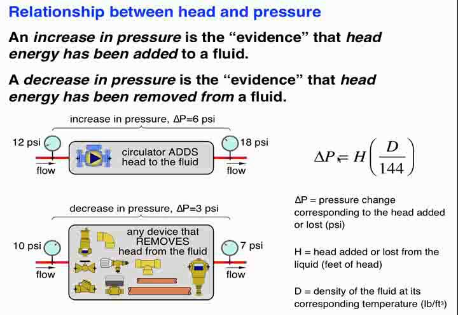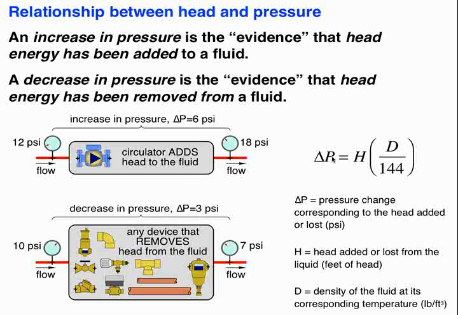To get the relationship between the change in pressure and the head that's either added or removed, we need to know the density of the fluid. It's not as simple as just a constant. For example, sometimes as a rough approximation, people will take 0.43 times head equals delta P. Well, that's actually only true for cold water, water at about 60 degrees.